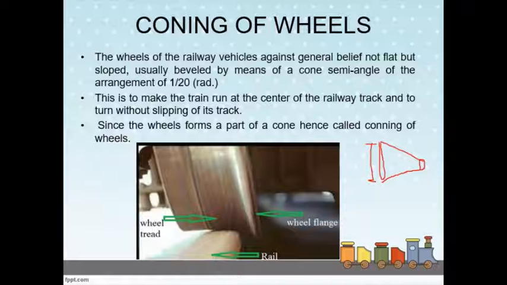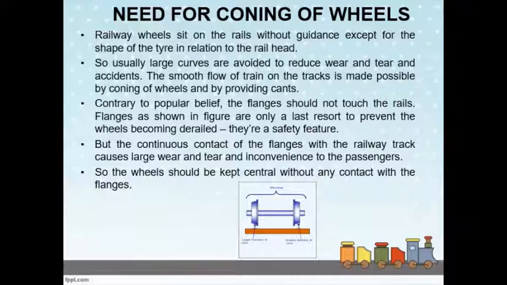Let's discuss how it helps in the railways. Need for coning of wheels. Railway wheels sit on the rails without guidance except for the shape of the tire in relation to the rail head. So usually sharp curves are avoided to reduce wear and tear and accidents. The smooth flow of trains on the tracks is made possible by coning of wheels and providing cant.